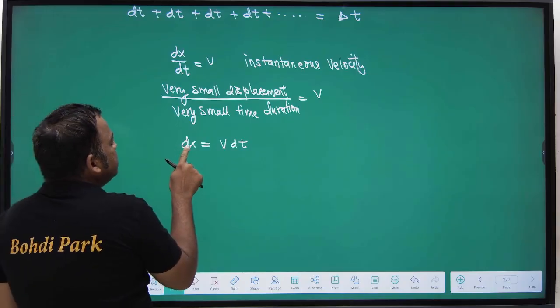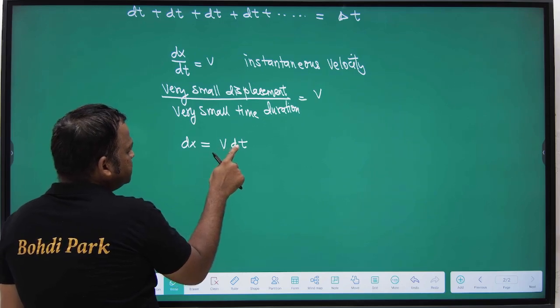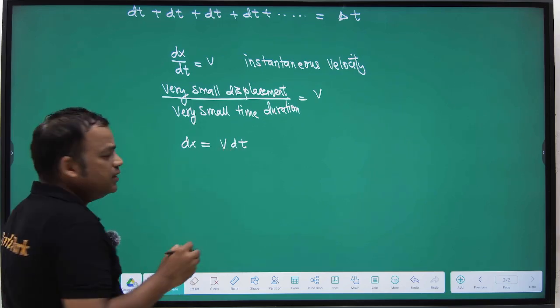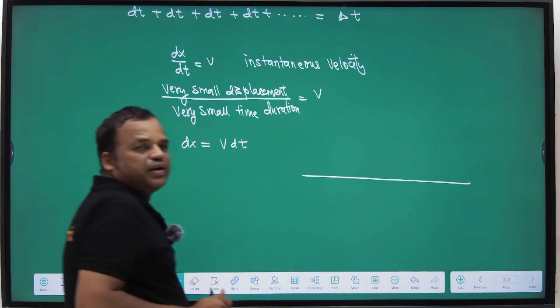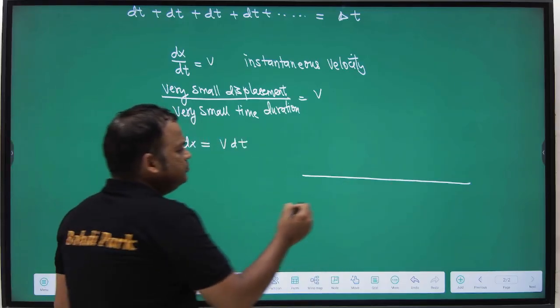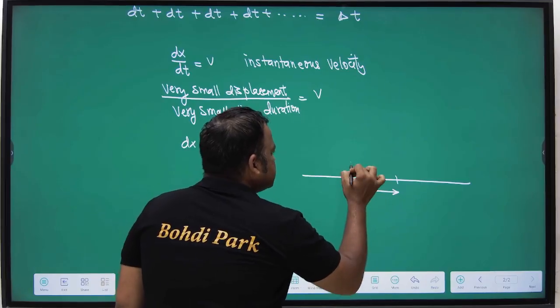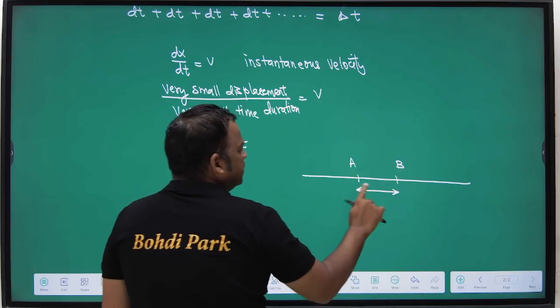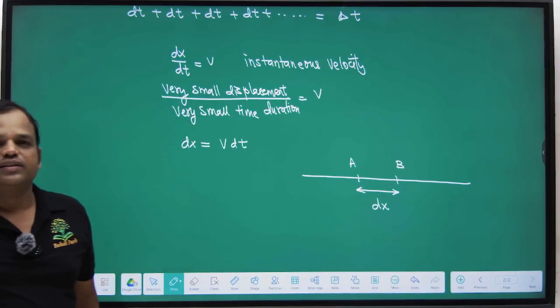So a small displacement dx can be written as instantaneous velocity into small time dt. For example, along this straight line, the particle is moving. Let's consider this point is A, this point is B. From A to B, the small displacement is dx.